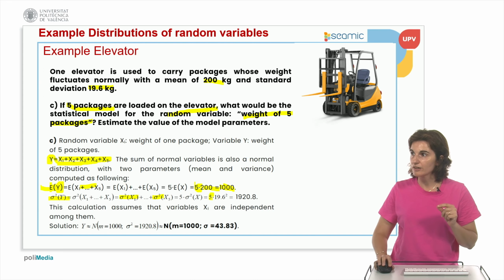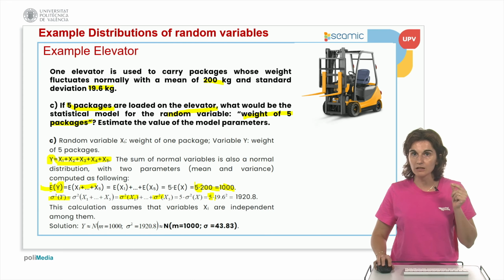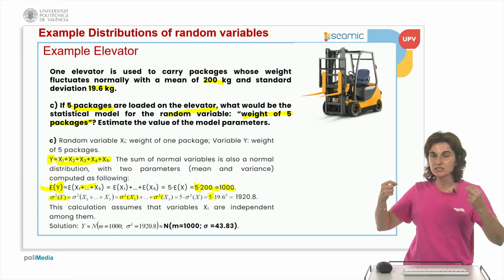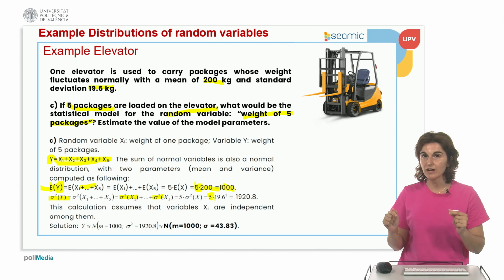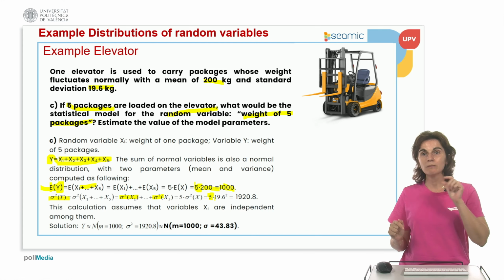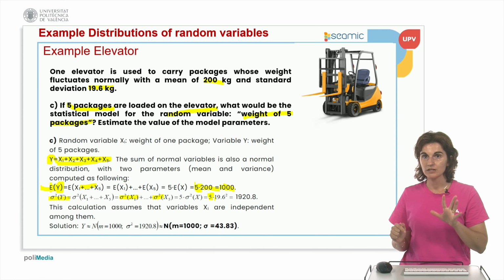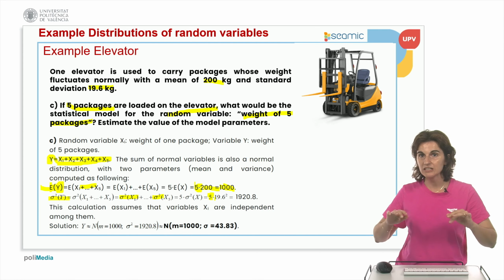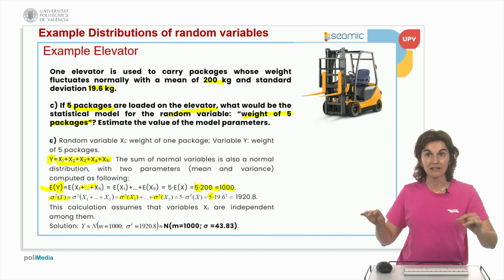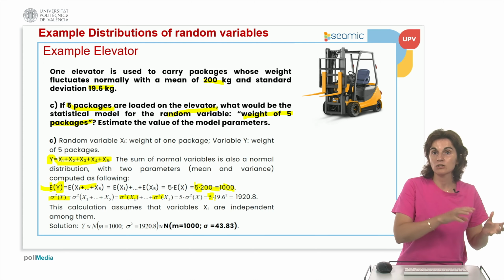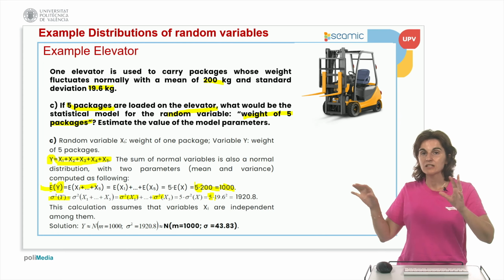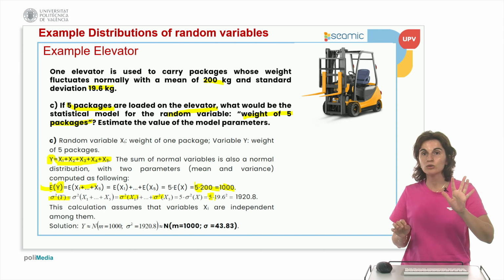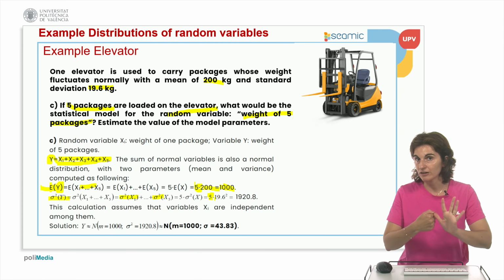So it's going to be 5 times 19.6 squared. It's very important because you receive the data of the standard deviation, so before you add, you need to square the value and then multiply it by 5. It could also be the case that each package has a different standard deviation, some smaller, some bigger, but in this case the 5 packages are similar, so you can just multiply the value by 5.